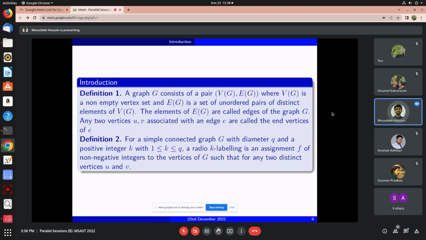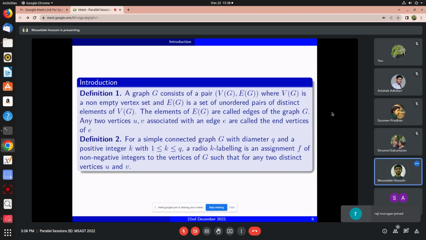Definition 2. For a simple connected graph G with diameter q and positive integer k with 1 ≤ k ≤ q, a radio k-labeling is an assignment f of non-negative integers to the vertices of G such that for any two distinct vertices u and v, the radio condition holds.